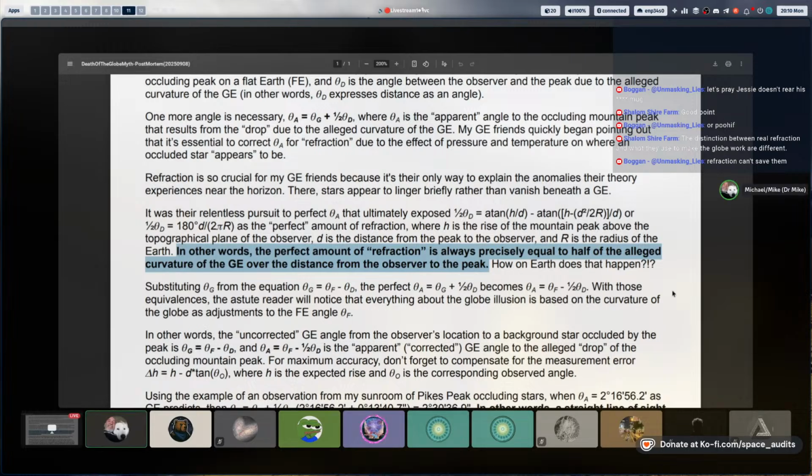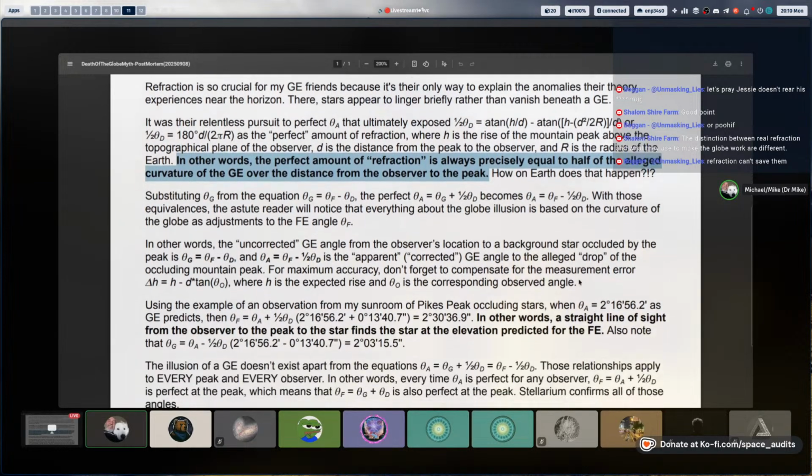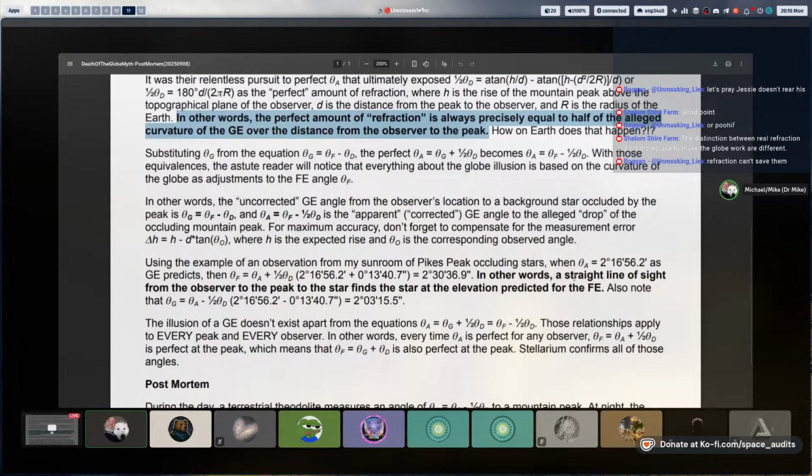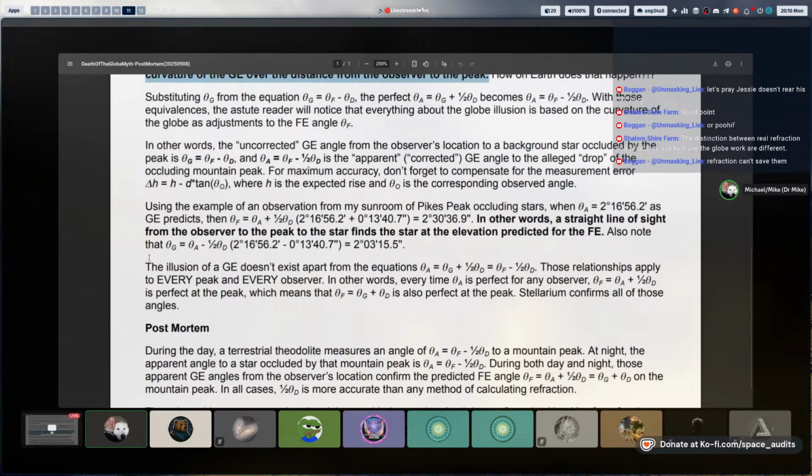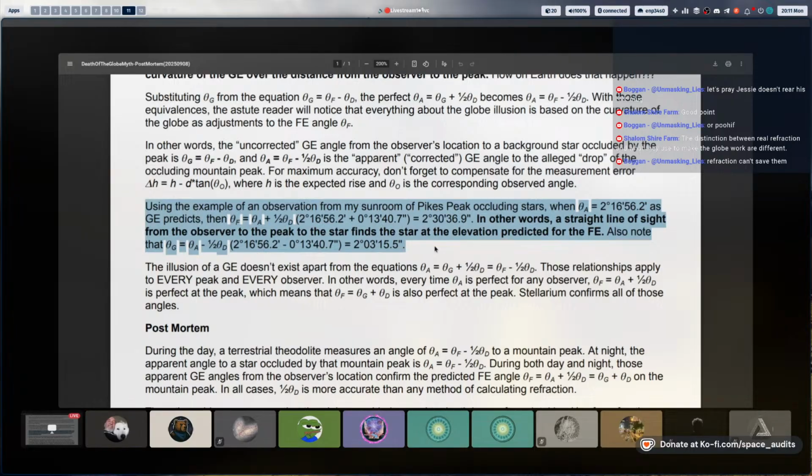So this is the scam that our globe Earth friends are pulling. And I actually give an example using numbers from my house, and these are the actual numbers.